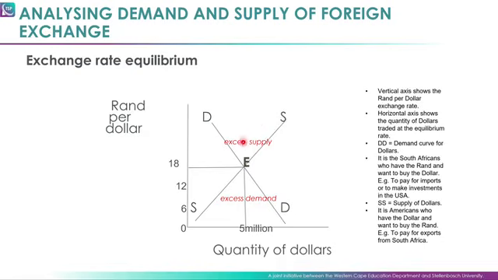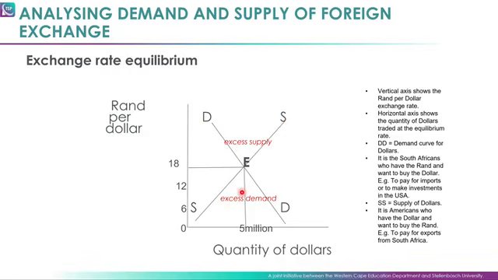Above the equilibrium, there's excess supply. Below the equilibrium point, there's excess demand, because demand is much further away from the zero than supply, whereas up here you have the opposite. The supply is much further from the zero than the demand. So that's how you can recognize your excess supply and your excess demand.